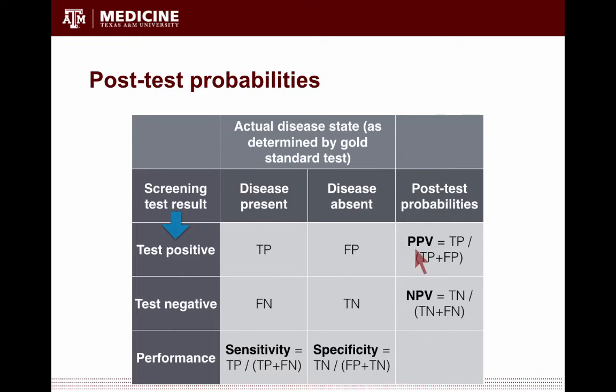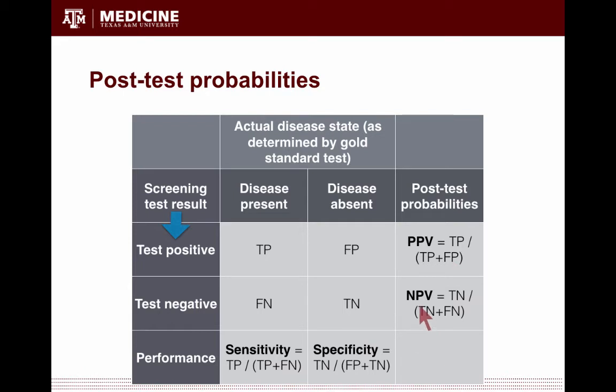The PPV, or positive predictive value of a test, is equal to the number of true positives divided by the total number of patients that test positive. So that would be the number of true positives plus the number of false positives. So again, the PPV is the true positives divided by the total of true positives plus false positives.